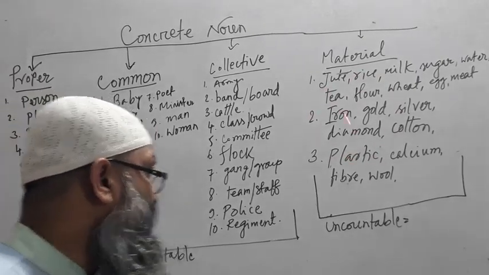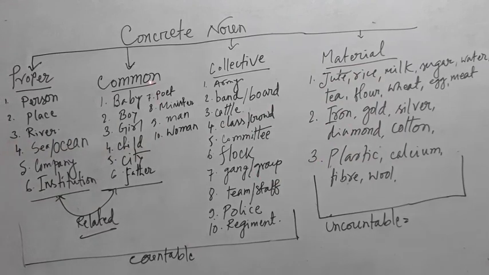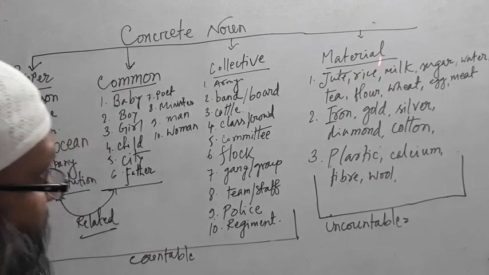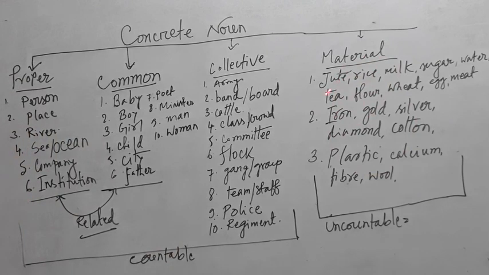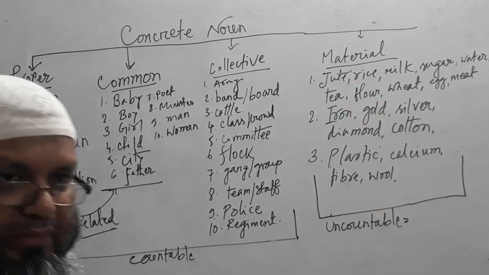Now come to another point. See that proper, common, and collective nouns can all be counted by number. That's why they are related to countable noun. But whenever we think about material noun, see that it cannot be counted by number. If you want to count, then you have to use measuring words.